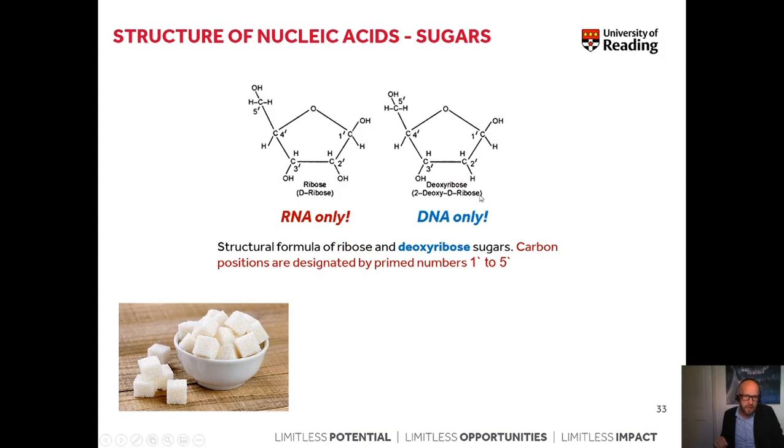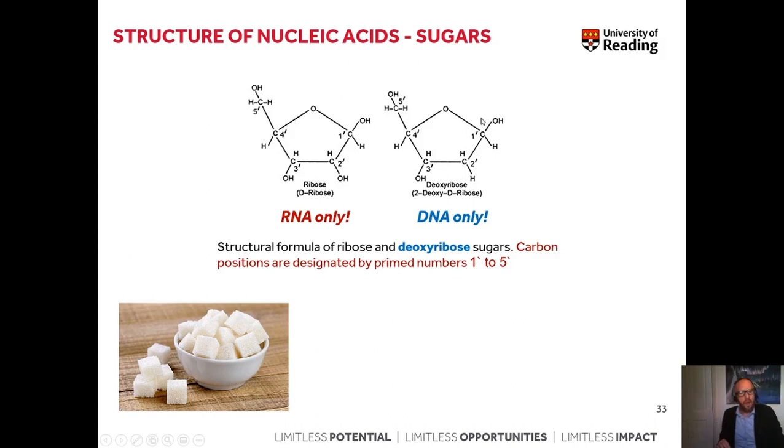In contrast, in DNA, the sugar is deoxyribose, and the difference is basically this bit here. If you compare deoxyribose to ribose, then you will realize that we have a single H atom present in the deoxyribose, where an OH group is attached to the ribose.